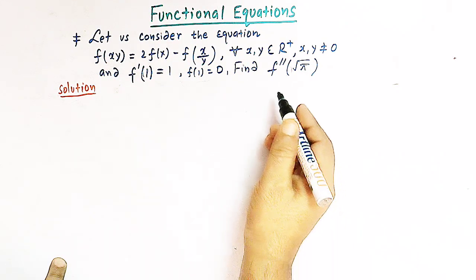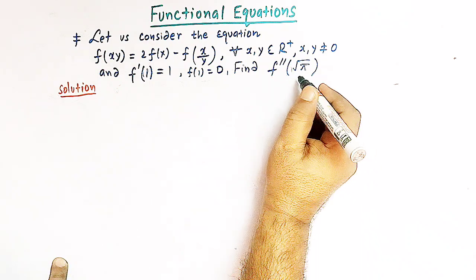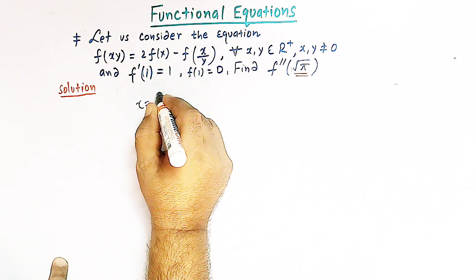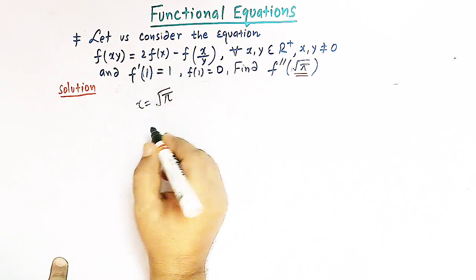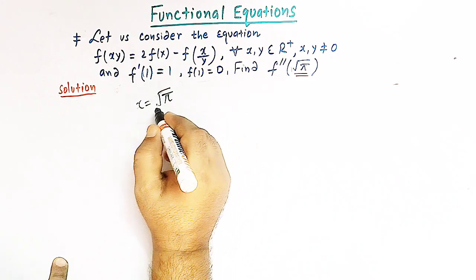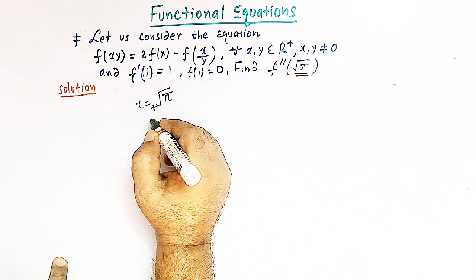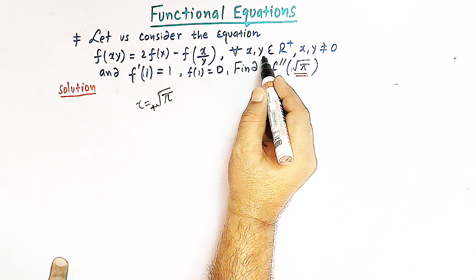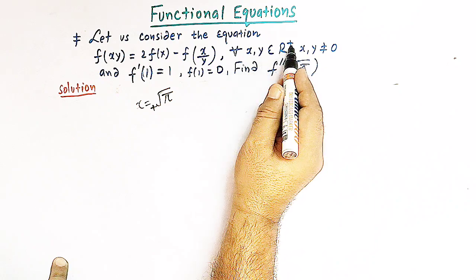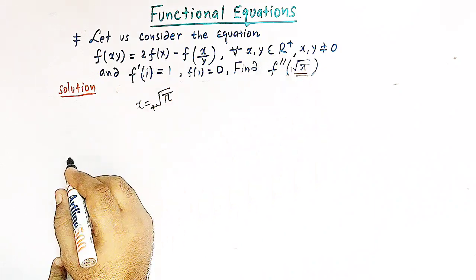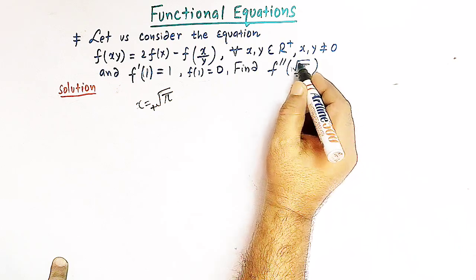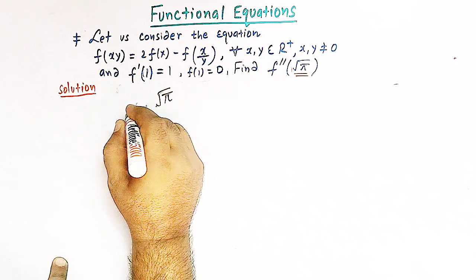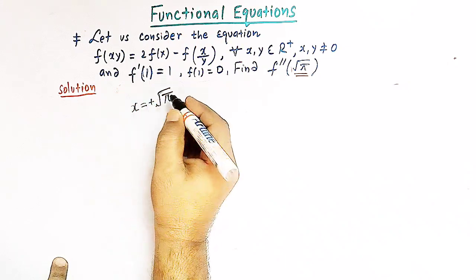It is important to note that we are taking this point as x is equal to square root of pi, and here we have to consider the positive square root, because this equation is valid for all values of x and y belonging to the set of positive real numbers. So when we are considering square root of pi, it implies that we have to take the positive square root.